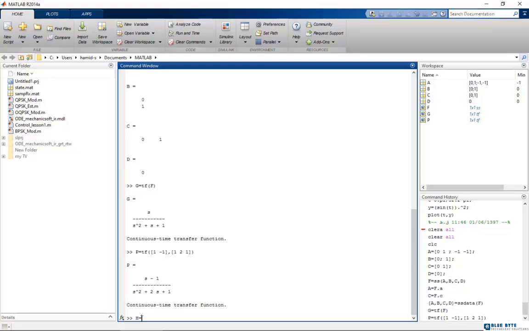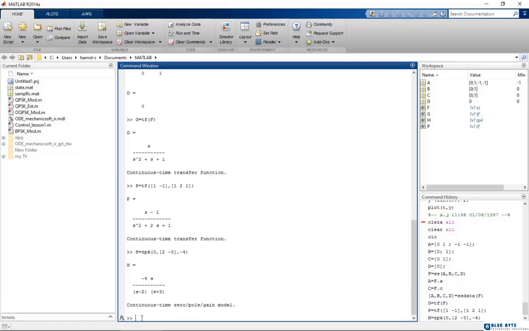Also, we have the ZPK function, which is for zeros and poles of the system. Suppose that we have a system and it's -4 divided by s times (s minus 2) times (s plus 3). If we want to show it with the ZPK code, for example, I type these terms.